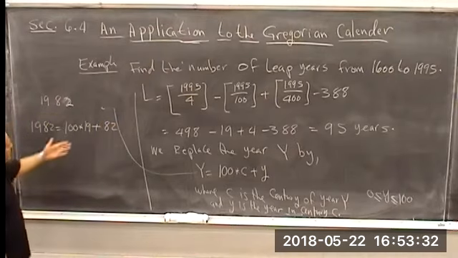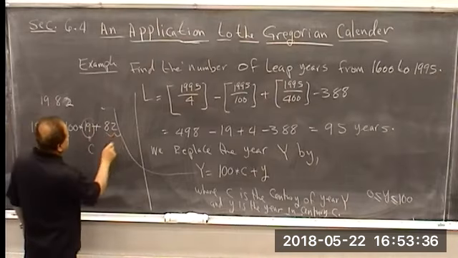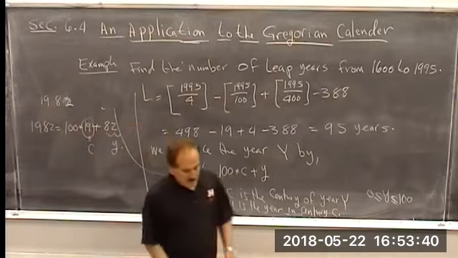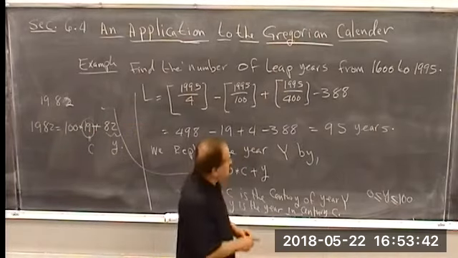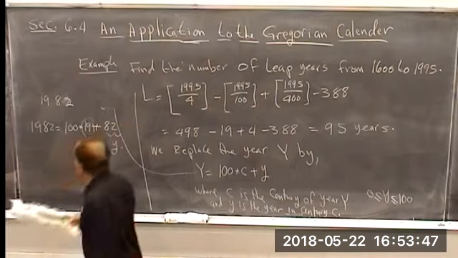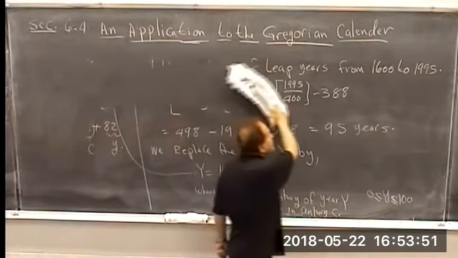So this is the c, and this is little y. All right, now with this, the formula for L takes the following form.